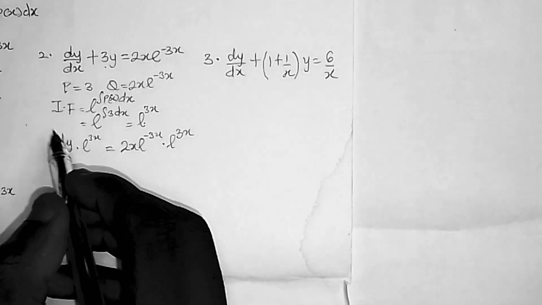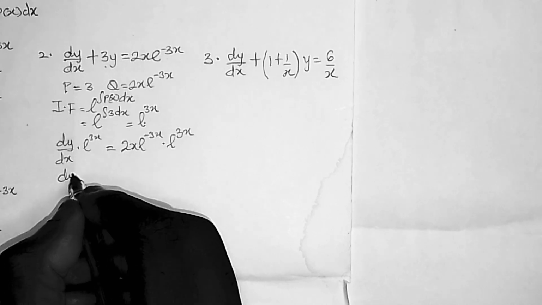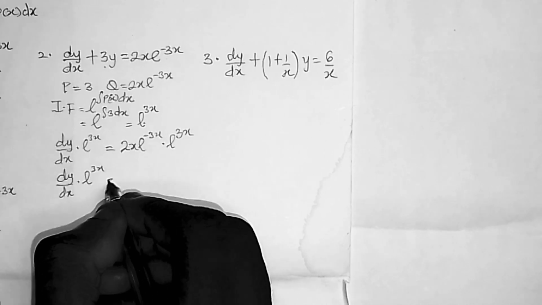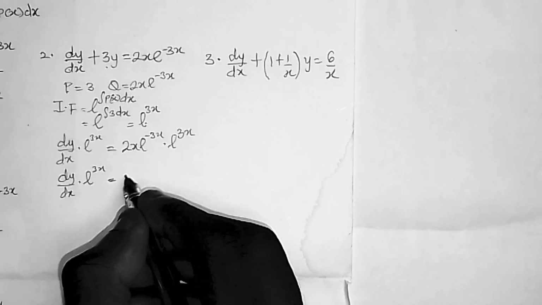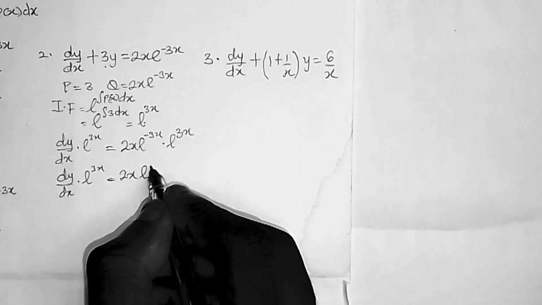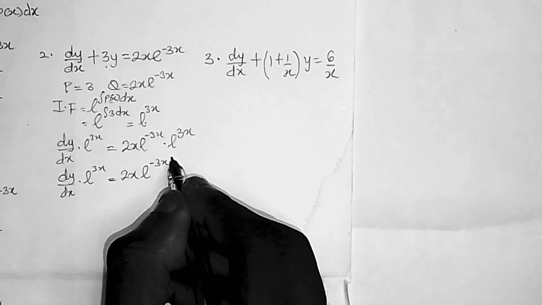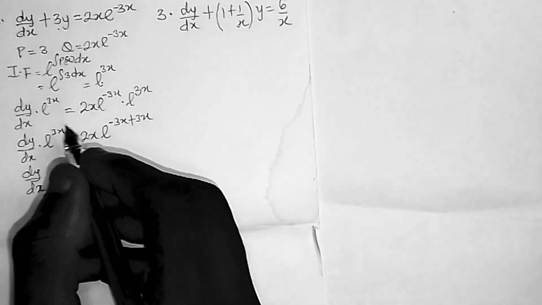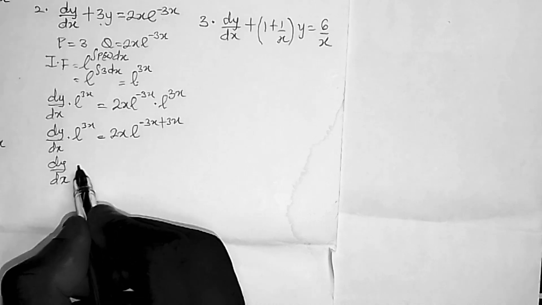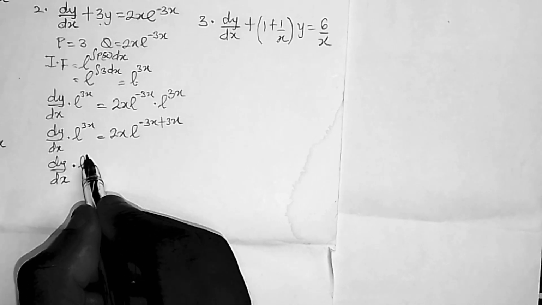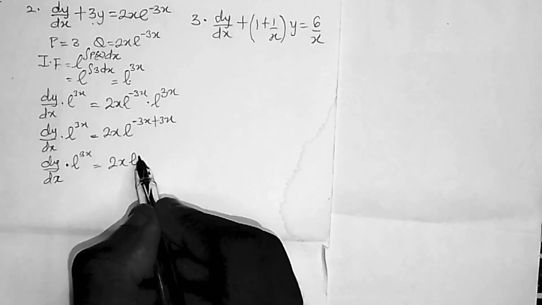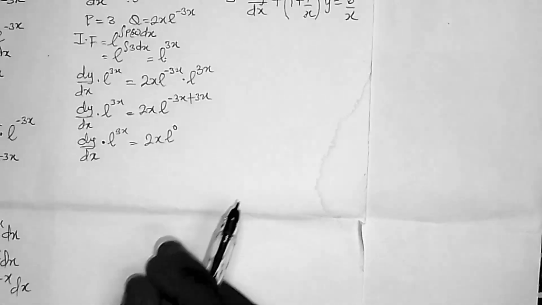Then after that, you are going to have dy dx multiplied by exponential 3x equal to what? Apply indices to this. So that will give you 2x exponential minus 3x plus 3x. And that will give you what? dy dx multiplied by exponential 3x equals to what? 2x exponential 0, because this and this will give you 0.